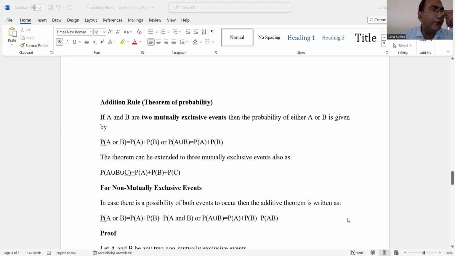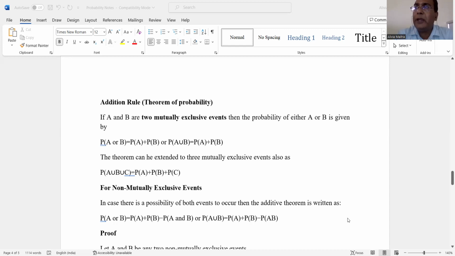But these two events, the coming of head and tail, are not possible at the same time. Such events are called mutually exclusive events. And those events which are not mutually exclusive are called non-mutually exclusive events.